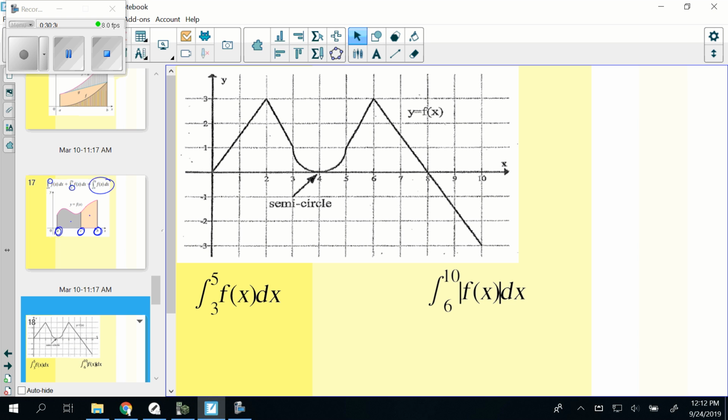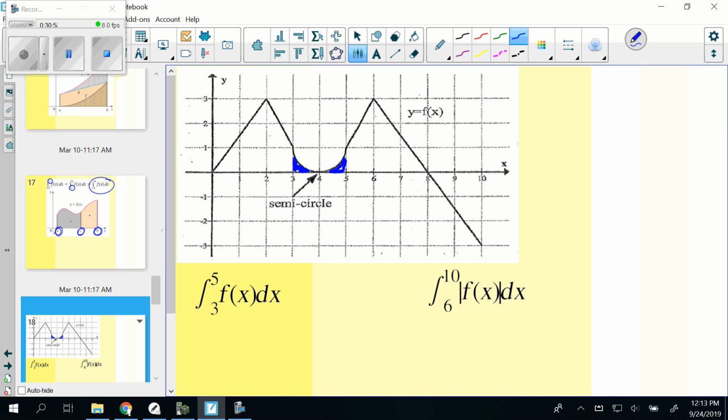Here's an example of one where you have to find some of this. What would be the area on this one from 3 to 5? Remember, areas are measured from under the curve, so they're looking at this area here. Well, they tell you it's a semicircle here.